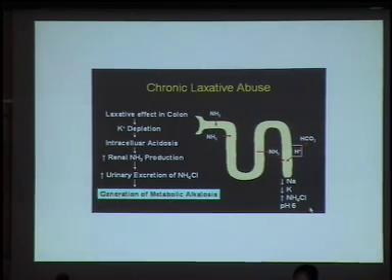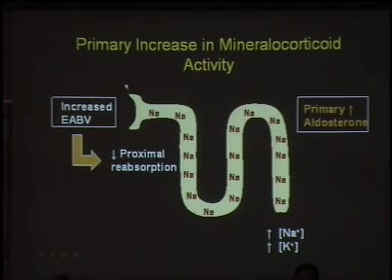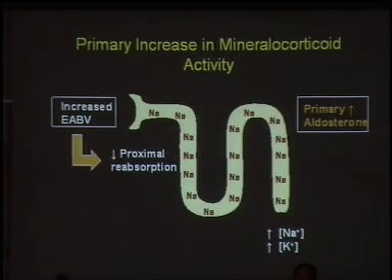So, okay, down to the next, increased aldosterone activity. You will see primary increased aldosterone in, let's say, Conn syndrome, an adrenal tumor that releases aldosterone. So with a primary increase in aldosterone, what happens? You would have high volume, increased distal sodium delivery into the distal tubule.